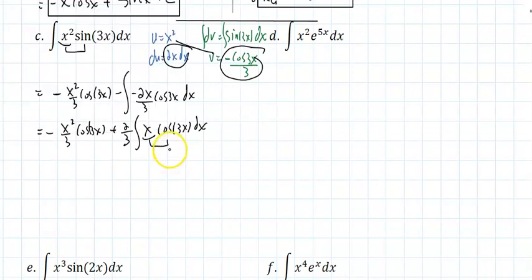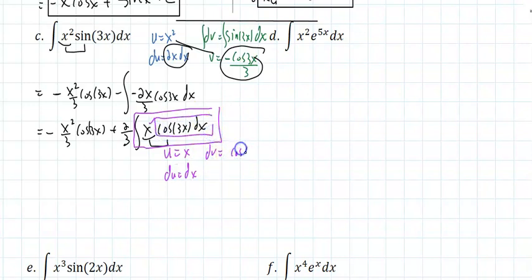I do it again. I let u equal, and now I'm only applying that on this interval. I let u equal x, du is dx. And I let dv equal whatever's left over. And when I integrate, v would be, what do you take a derivative of to get cosine?